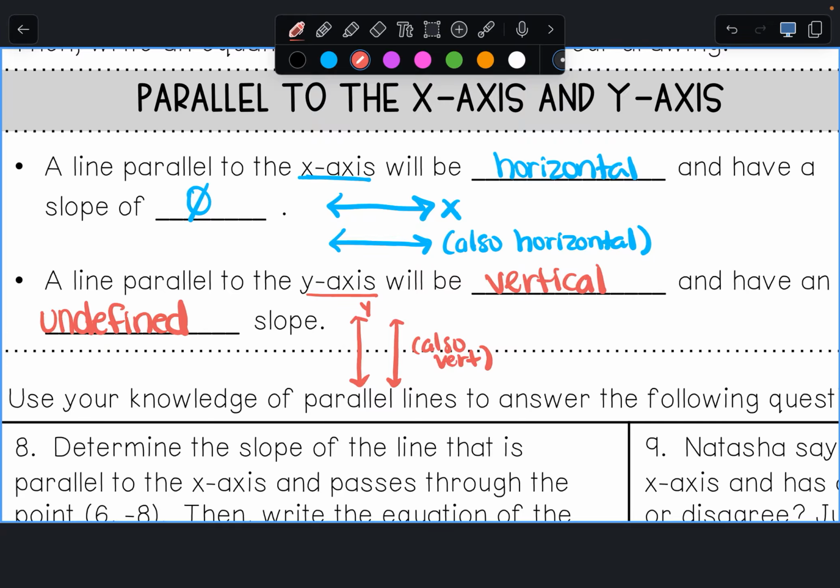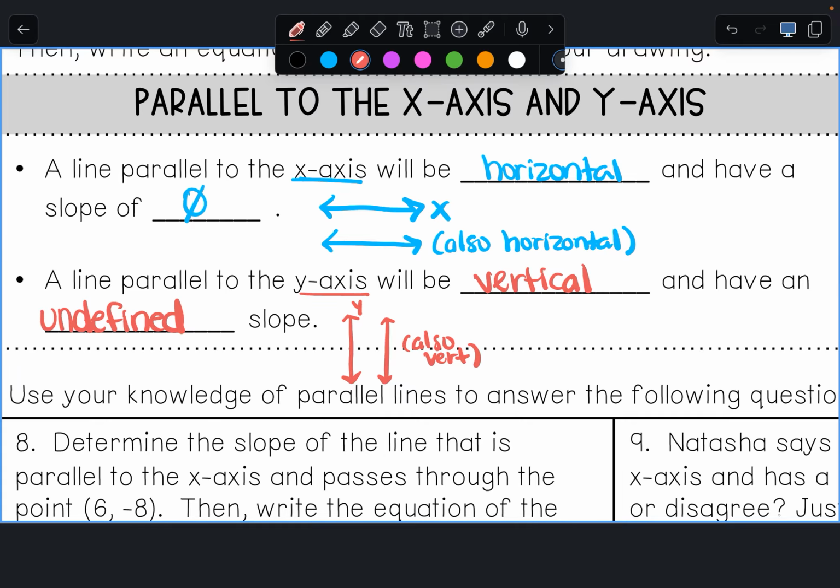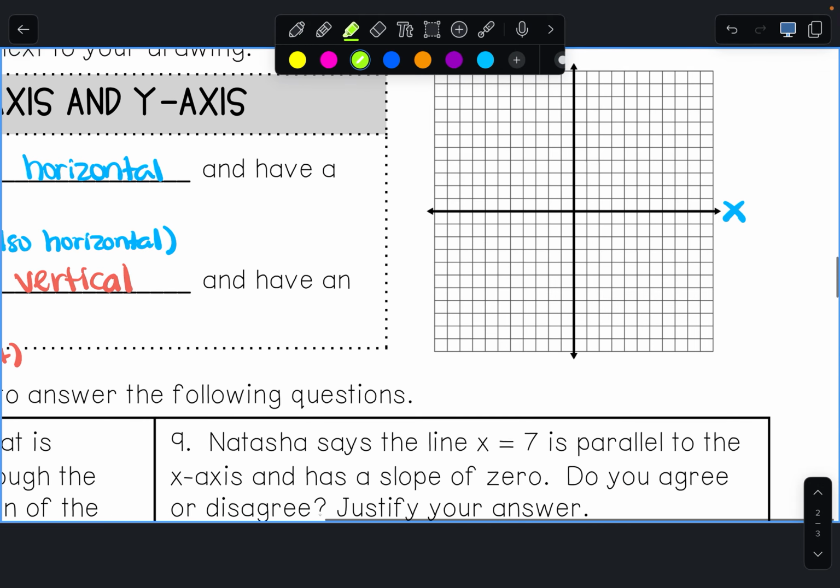So for examples of this, if we go over to the graph, my x-axis goes left and right. It is a horizontal line. So an example of a line that is parallel to it will also be another horizontal line, right?